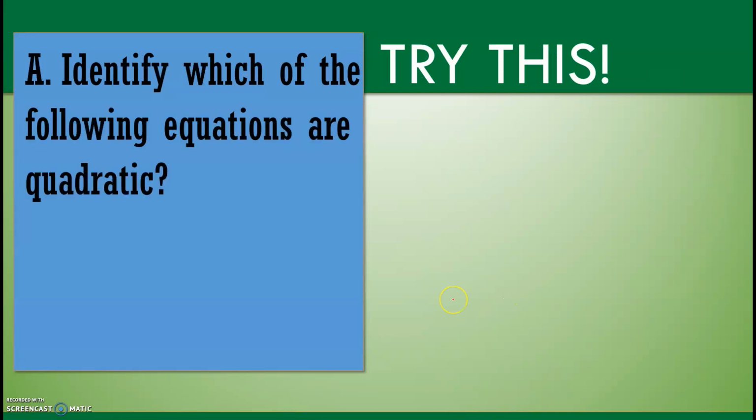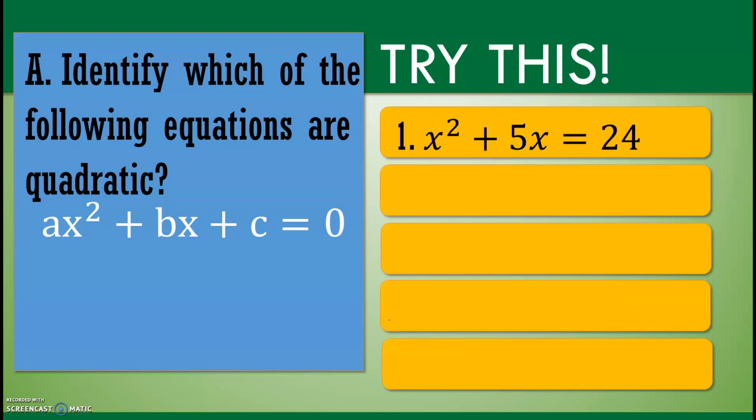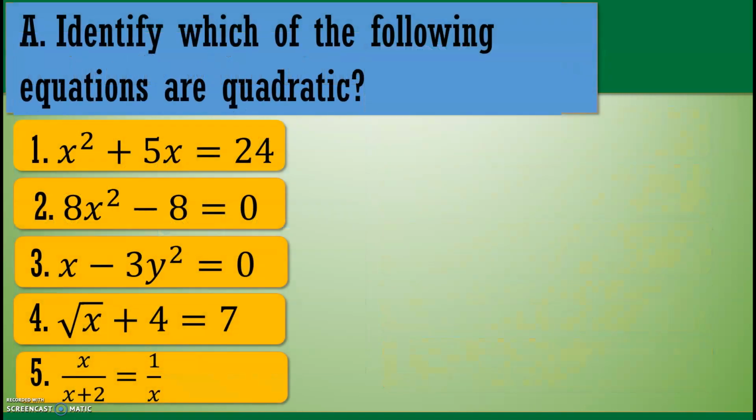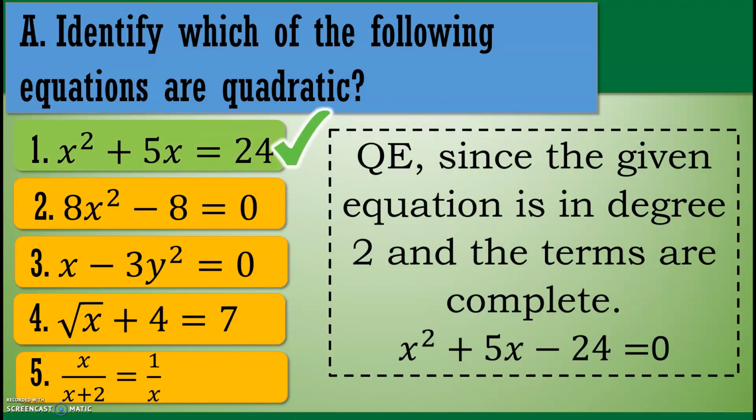So let's try the following items. Identify which of the following equations are quadratic in the form ax squared plus bx plus c. Okay? So, in the first item, is it a quadratic or not? Yes, it is a quadratic. Why? Because it is in degree 2 and the terms are complete, right? We have the quadratic, we have the linear, we have the constant term.